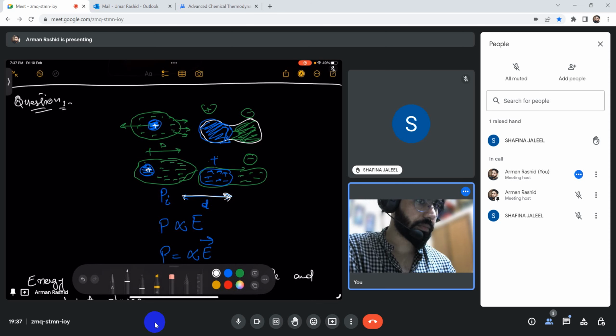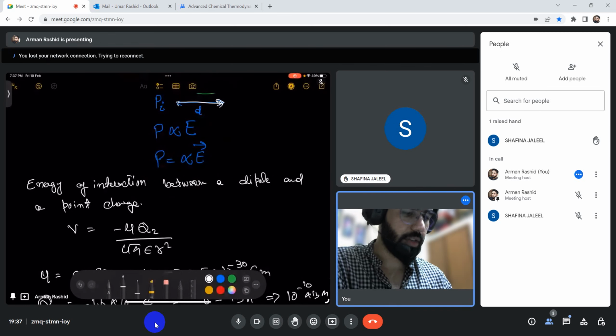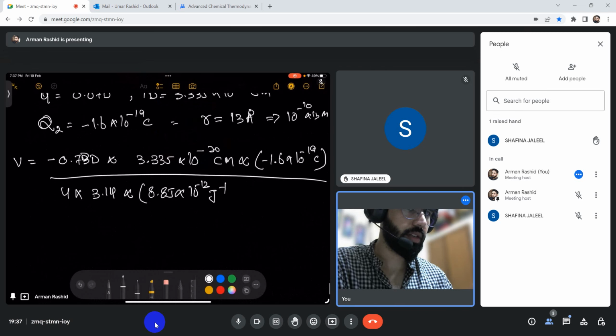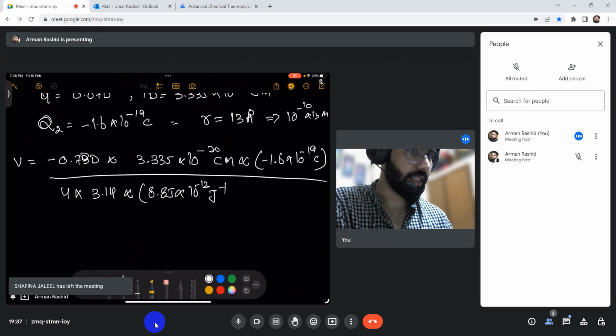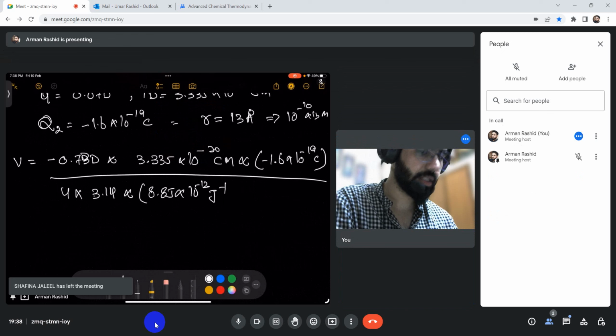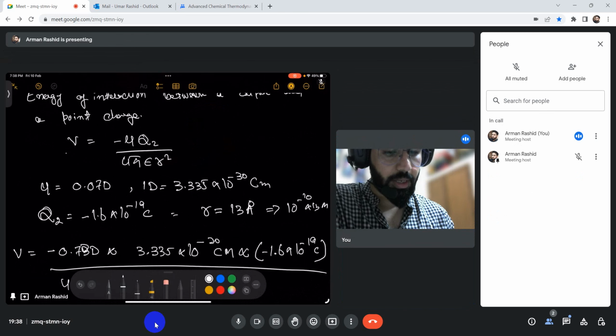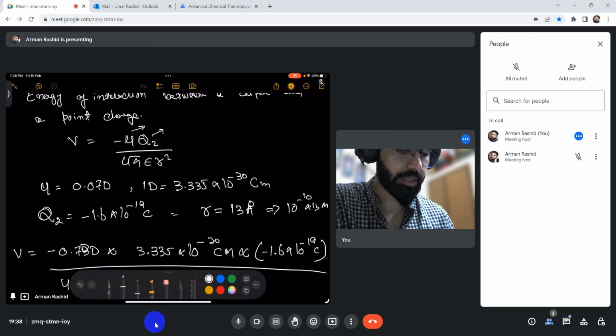As a result, different charge will be generated. So we have to determine the electrical field; the distance is given, so we have to determine the charge. I approached the problem in which the energy of the interaction is minus mu q over 4 pi epsilon r square, where mu is the dipole moment, q is the charge, and r is the distance between these two.